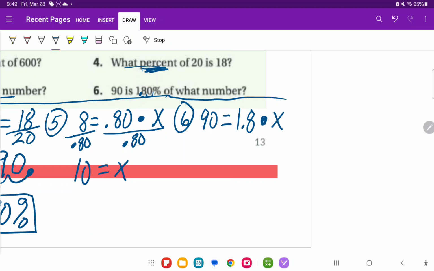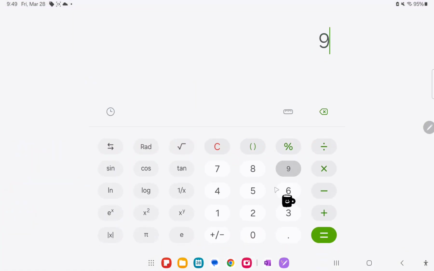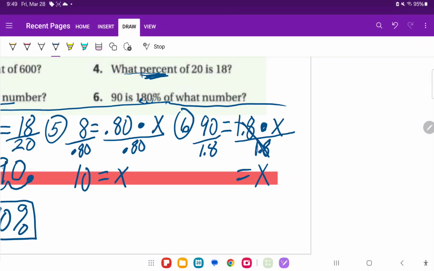Okay, so that's what we don't know. We don't know the number. All right, so we're going to divide by 1.8. Divide by 1.8. That way that cancels out, and we're left with just x. So 90 divided by 1.8. That equals 50.